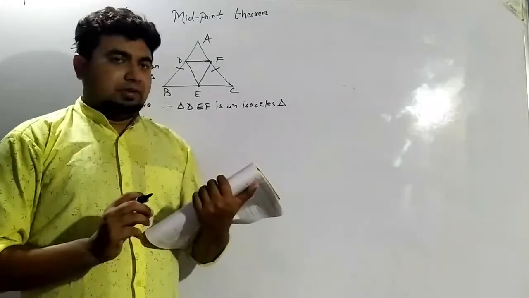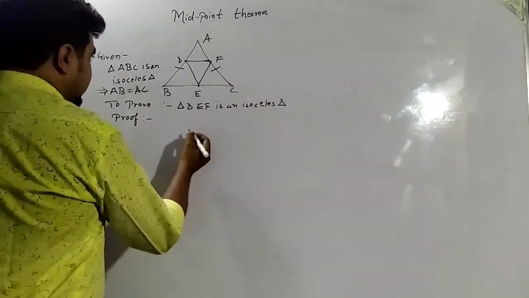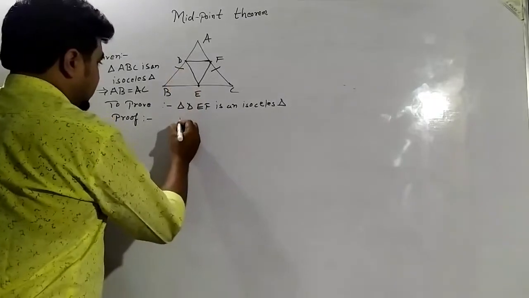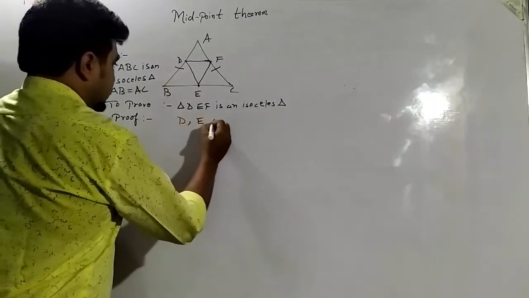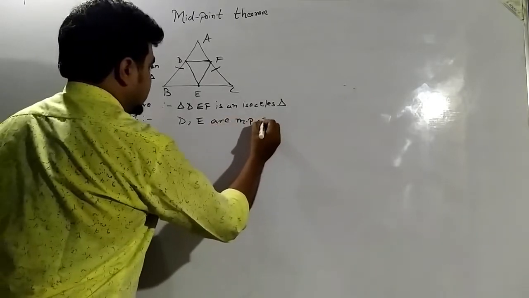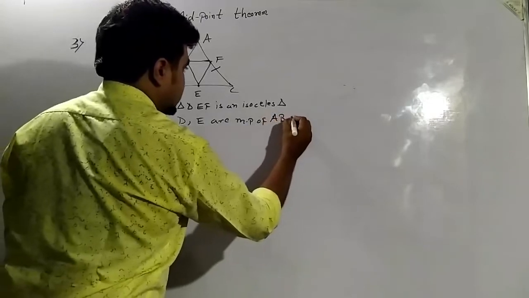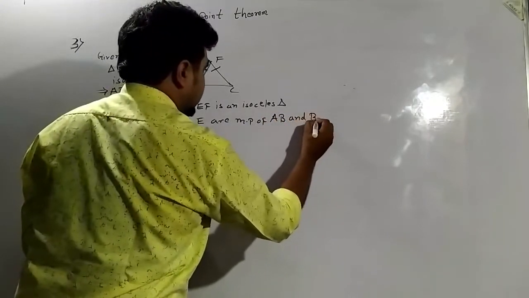Now the proof part. In the proof part we will be taking theorem by theorem. So DEF is an isosceles triangle we have to prove. So we can say that D, E are midpoints of sides AB and BC. So these are midpoints.